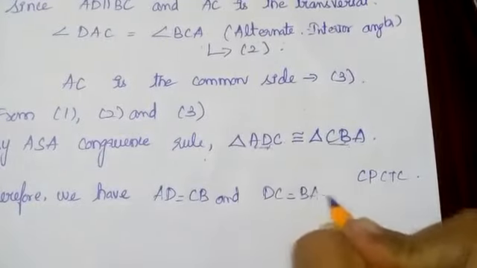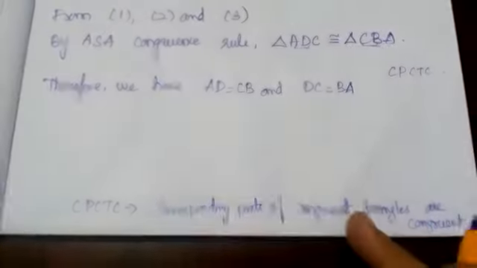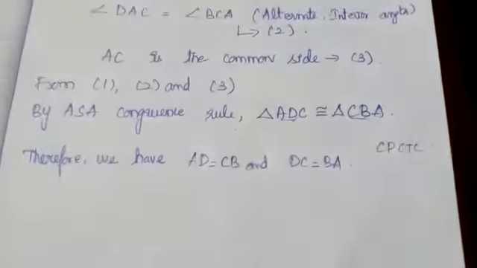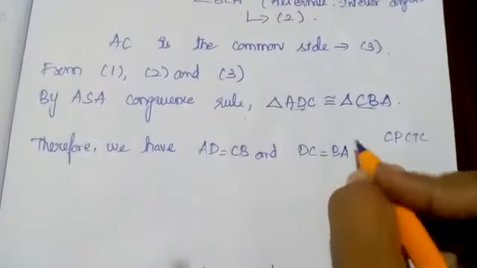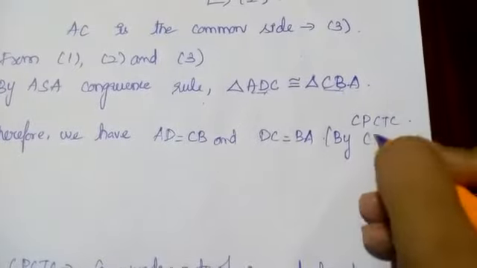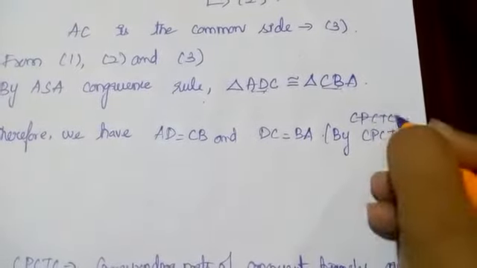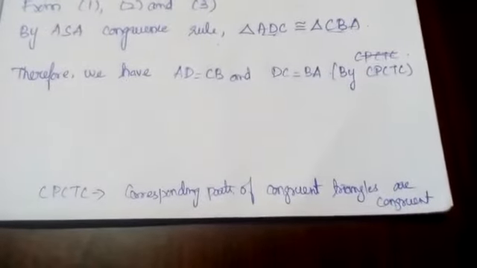If two triangles are congruent, then their corresponding parts will also be congruent. Therefore we have AD is equal to CB and DC is equal to BA, and you can write in the bracket, by CPCTC. It means corresponding parts of congruent triangles are congruent.